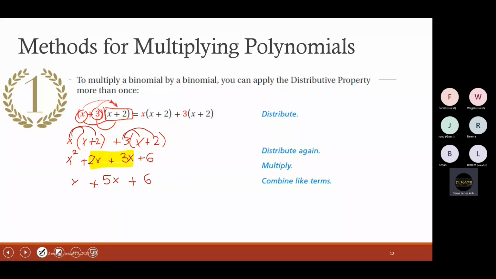So this will be the final answer. This way is what we call the distributive property. I distribute the first term on the second term. Is it clear? Yes, teacher. Good.